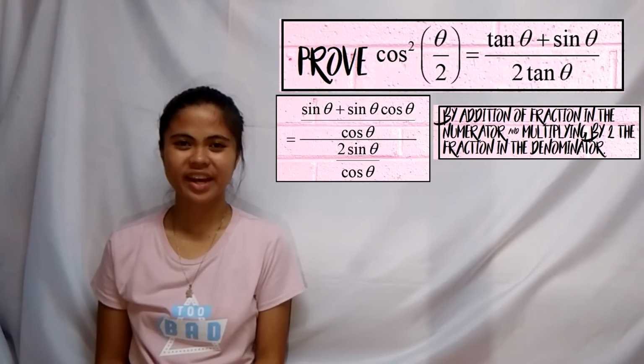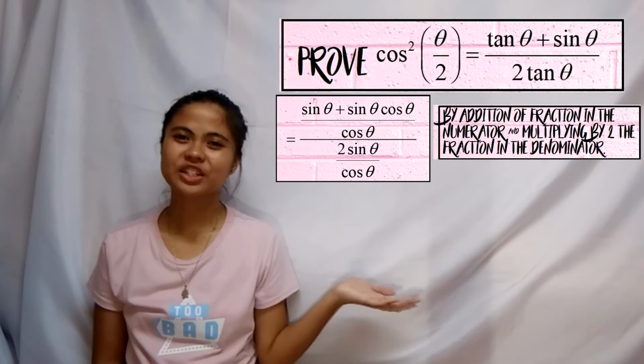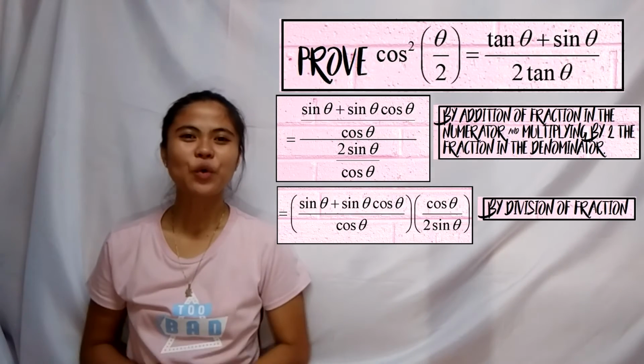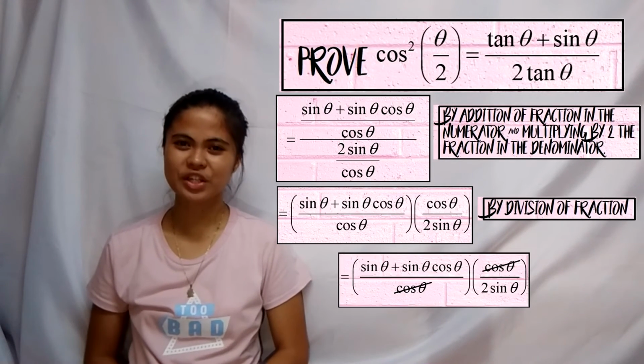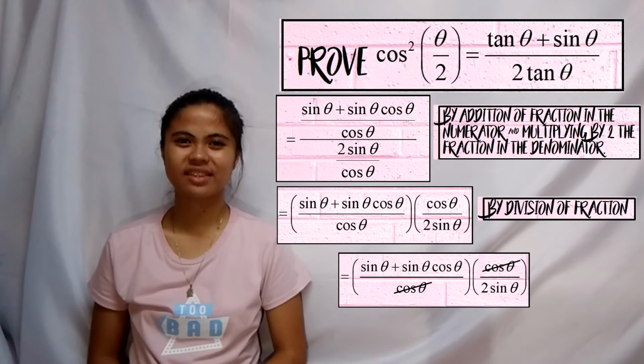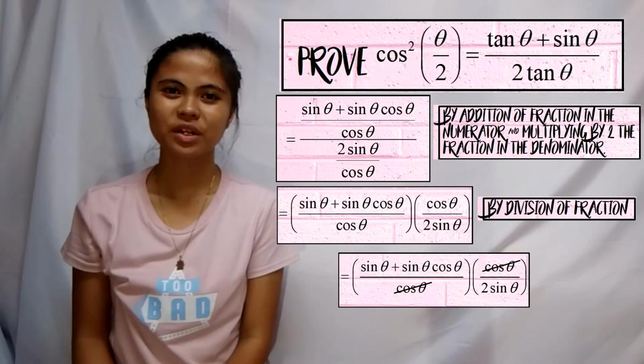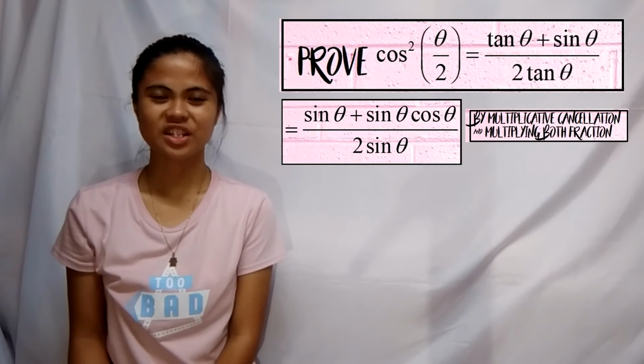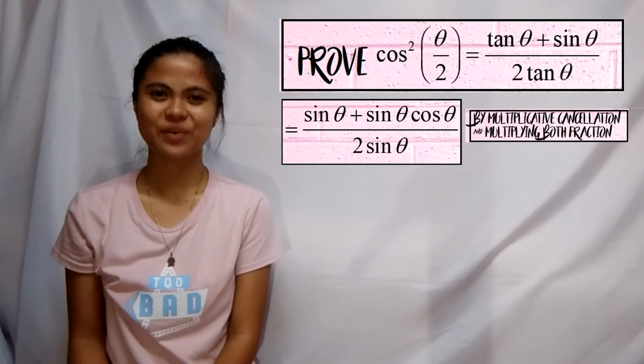So we have to divide our fractions. After dividing the fractions, you will arrive at this equation. Now, we have to reduce our equation by cancelling cosine theta. By multiplicative cancellation and multiplying both fractions, we arrive at this equation.